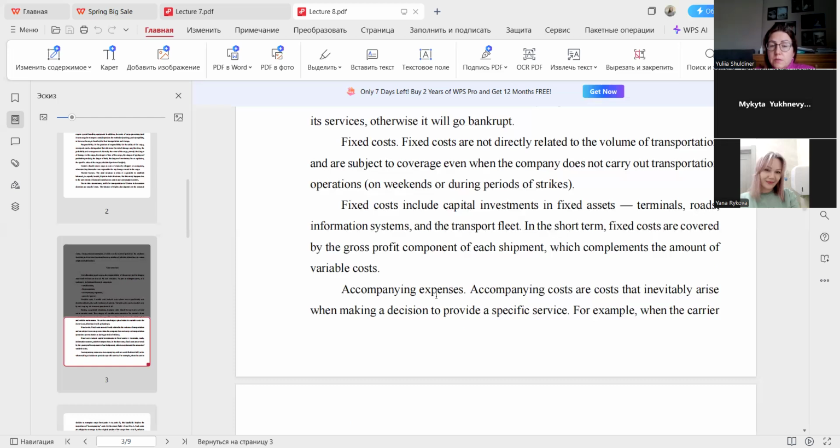Accompanying expenses. Accompanying costs are costs that inevitably arise when making a decision to provide a specific service.